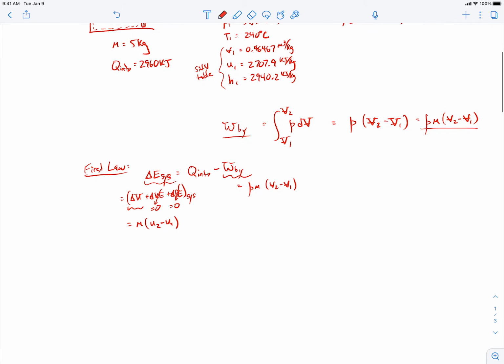Let me clean that up. So we have the mass times the change in specific internal energy is equal to the Q into minus pressure times the mass. Let me rearrange that one. Let me put the mass out front: mass times the pressure times V2 minus V1. All right, and then I'll just do a little bit of rearranging here just to put terms on the same side.